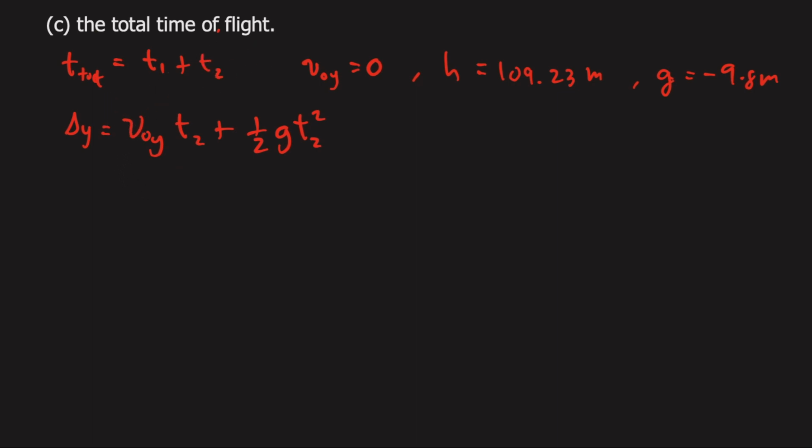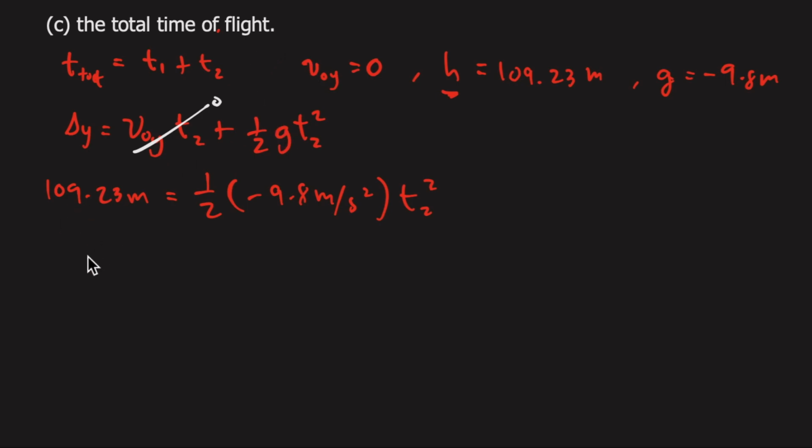Now our initial velocity is 0, so this is cancelled, and we're left with delta y. Now instead of delta y, we're given h, which is 109.23 meters. That's equal to 1/2 times negative 9.8 meters per second squared times time 2 squared.